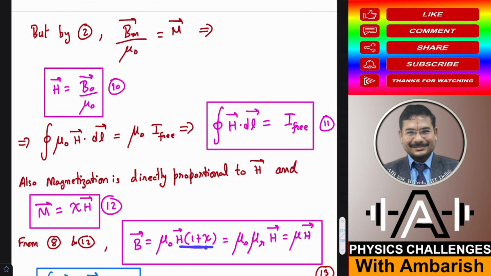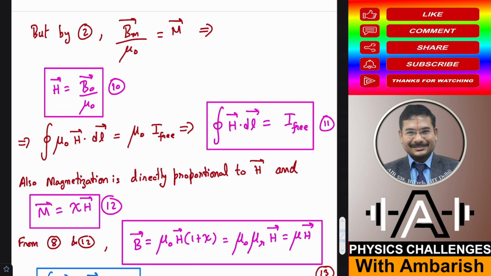Now chi itself is known as susceptibility, and 1 plus chi is known as relative permeability, right? So instead of 1 plus chi, I can put mu relative, and mu naught into mu relative is known as the permeability of the material. So the total magnetic field B is nothing but mu times H, the magnetic intensity.